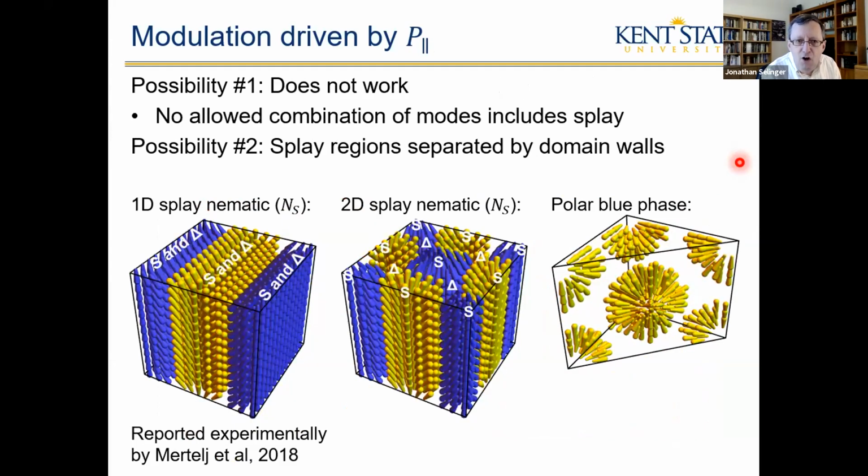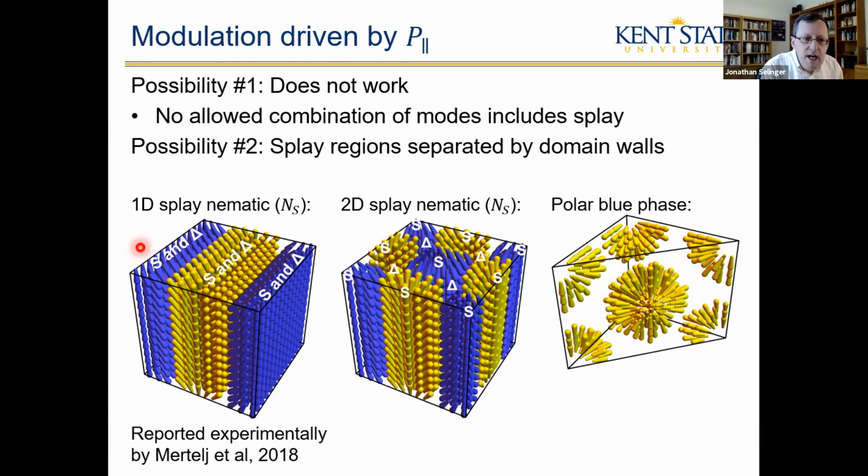What if there's parallel polar order, parallel to the director, so that the liquid crystal tends to have splay, right? It wants splay. Now, there isn't any allowed uniform combination of modes that includes splay. So this possibility number one doesn't work. But it can still do the possibility number two. That is, it can make splay regions separated by domain walls.